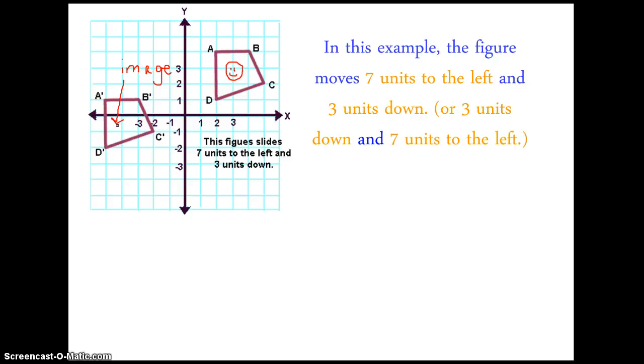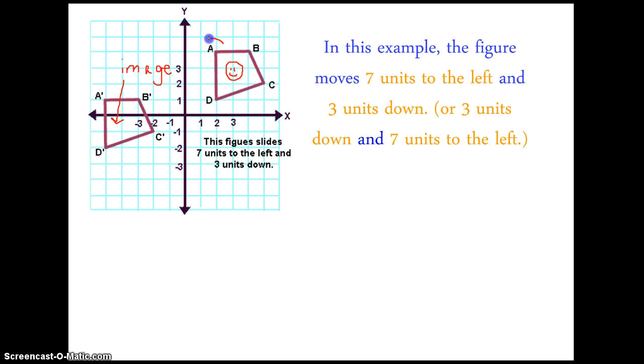So I know my y value is going to change. I started up here, I ended down here. And I started over here on the positive side. My x's were positive. And then I moved over to the left. Now my x's are negative. So I moved to the left and down.